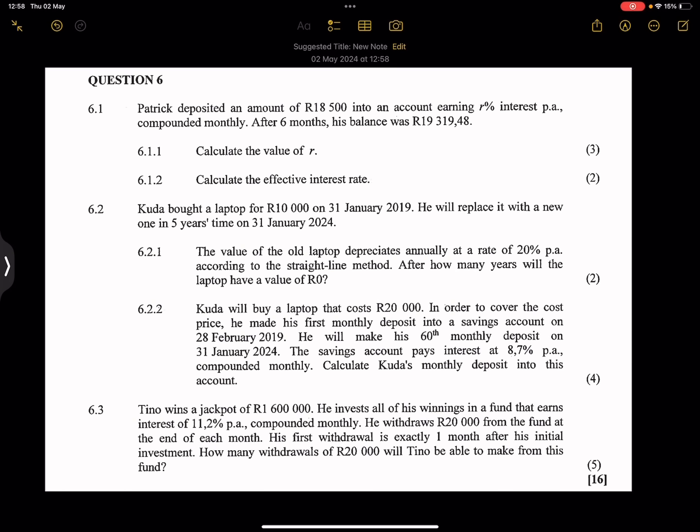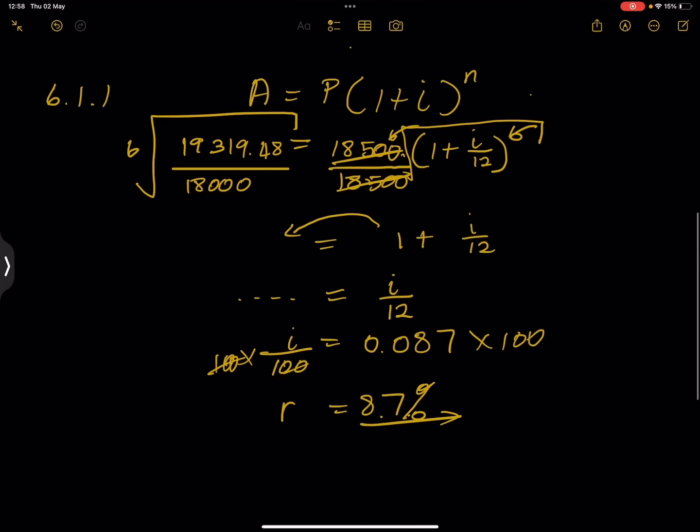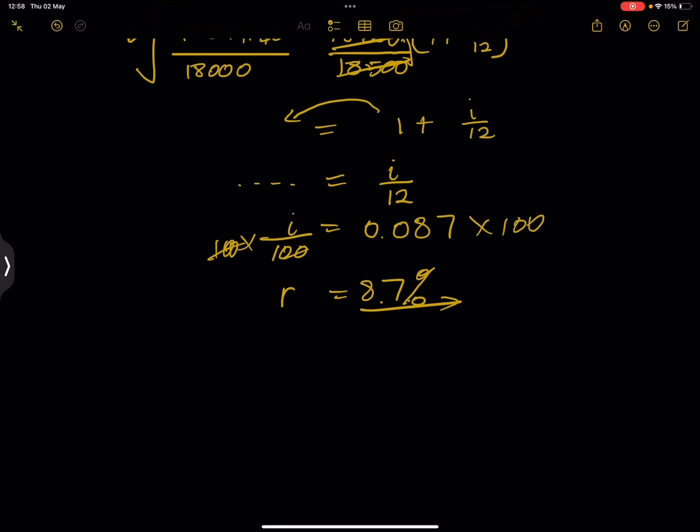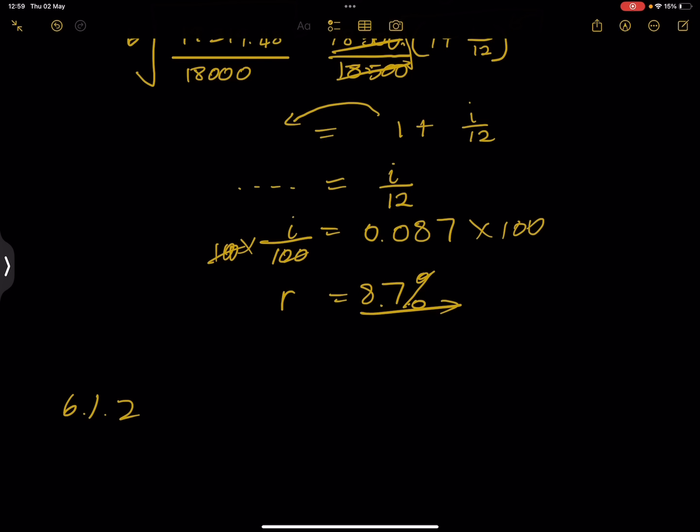So the next question, they say calculate the effective interest rate. So remember that this is what we would refer to as the nominal interest rate. So what do we do? The interest rate, 6.1.2, the effective interest rate, so that's 1 plus i effective is equal to 1 plus i nominal divided by n, all raised to the power n.